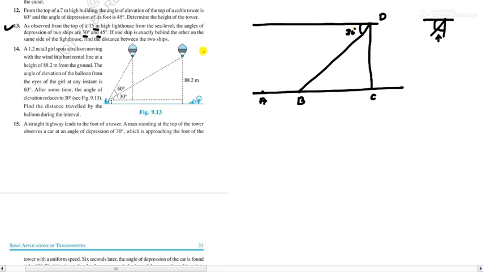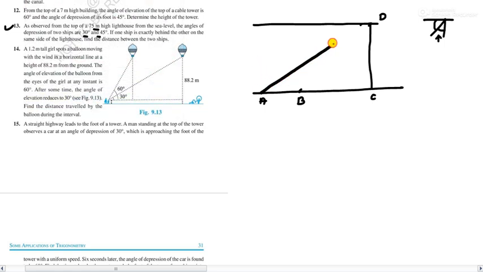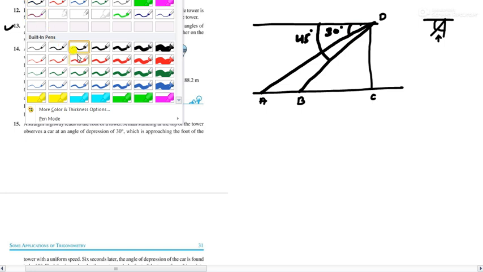Now the second is at A. The first one is 30 degree. So the figure will be like this. See, this is 30 degree. And the second is from the same point, it is 45. Got it? Understood the figure?